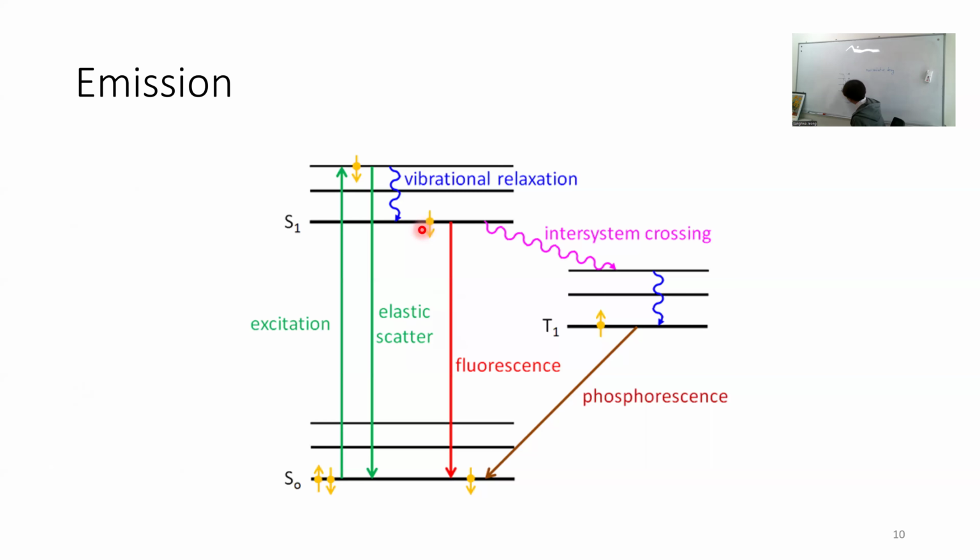Because of the electrical attractive field, the electrons try to move into a more stable state. There are two ways. One is non-radiative decay, which means not related to radiation, so no light. They can move into the ground state without emitting light.